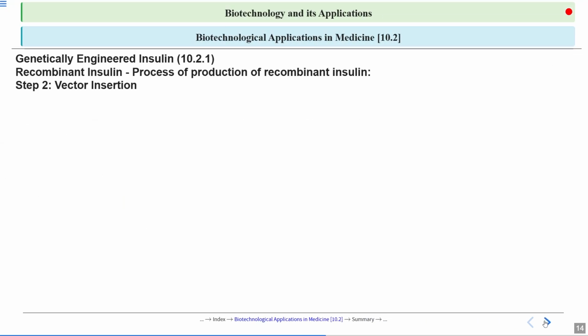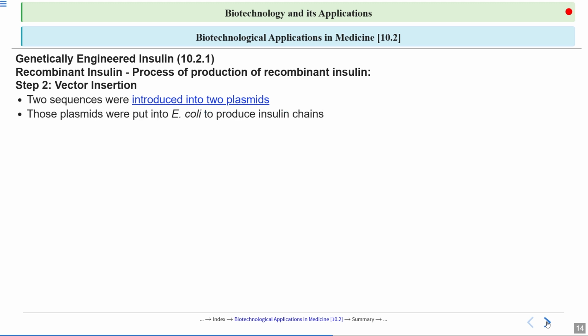Now step 2: first they prepared the DNA sequences, then they did vector insertion. The two sequences, one for chain A and the other for chain B, were introduced into two plasmids.